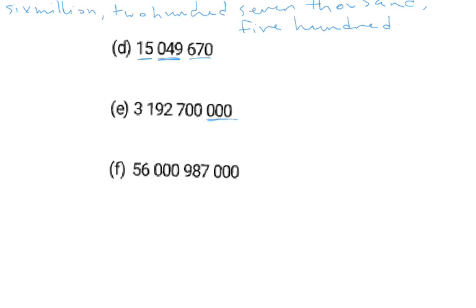We've got nothing in the ones, so we won't even write anything for that. We have 700 in the thousands, 192 in the millions, and 3 in the billions. So this is 3 billion, 192 million.